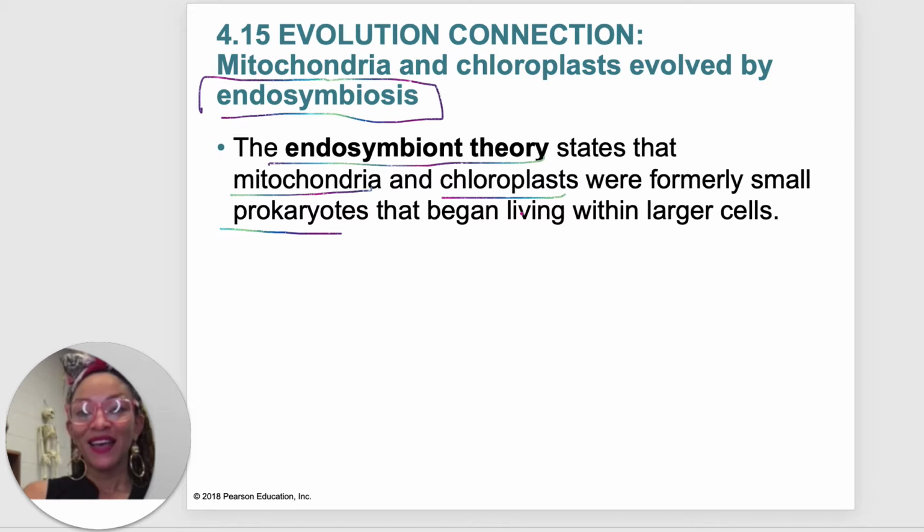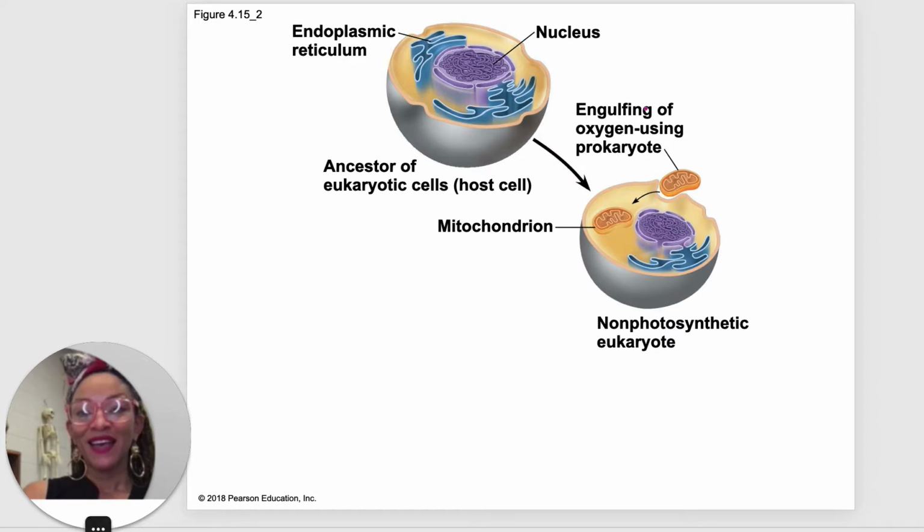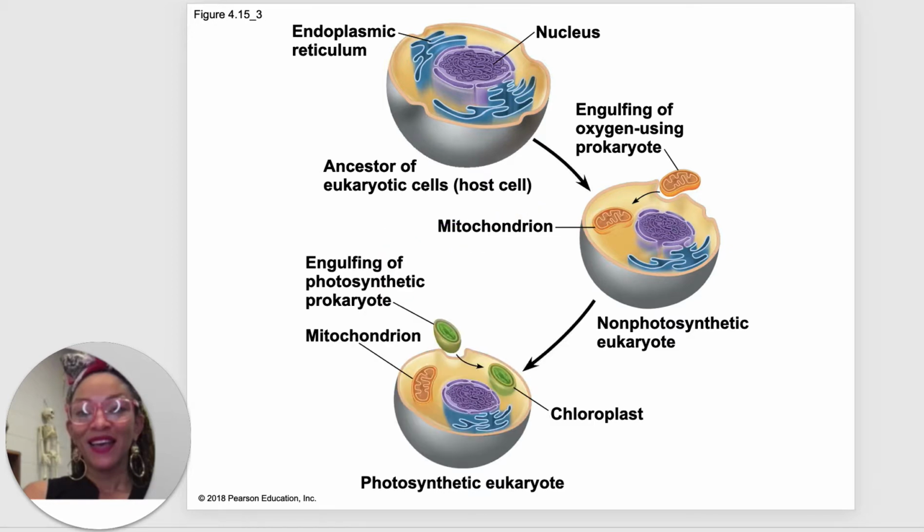And they came up with that theory because these both have their own DNA, their own protein, own enzymes, so they are able to function independently. Okay, so here's just a little example of the ancestor of a eukaryotic cell. We have the endoplasmic reticulum, a nucleus. We're saying that this cell engulfed a mitochondria, okay, and then gained the activity of that mitochondria.